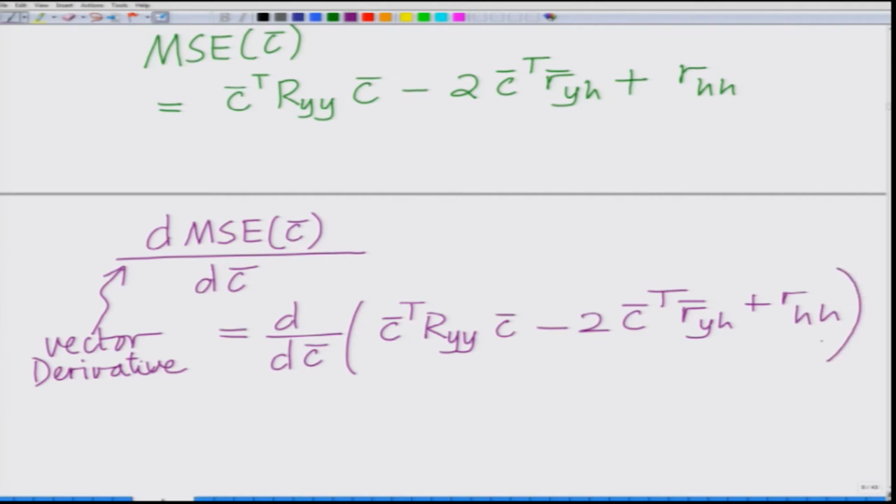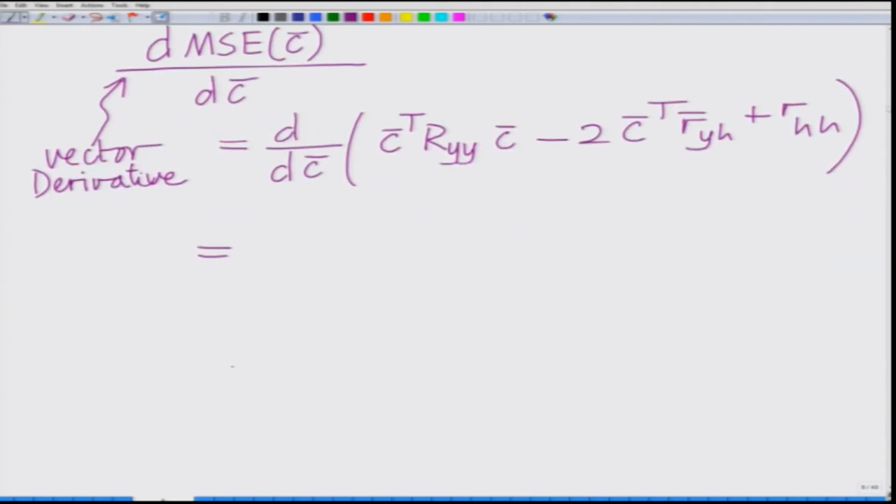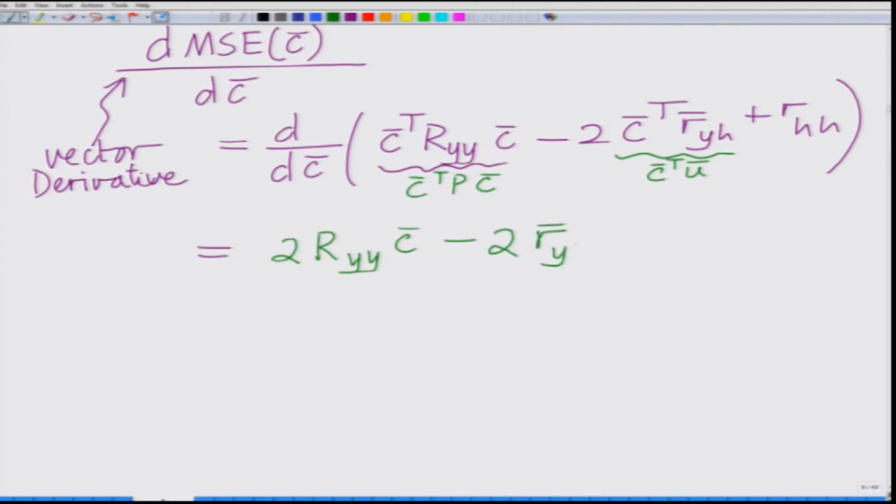plus R h h. Now you can see this is of the form c bar transpose P c bar. So its derivative will be twice P, here the matrix R y y. So it will be twice the matrix R y y times c bar, minus, this is of the form c bar transpose u bar, so its derivative is u bar, that is R bar y h.